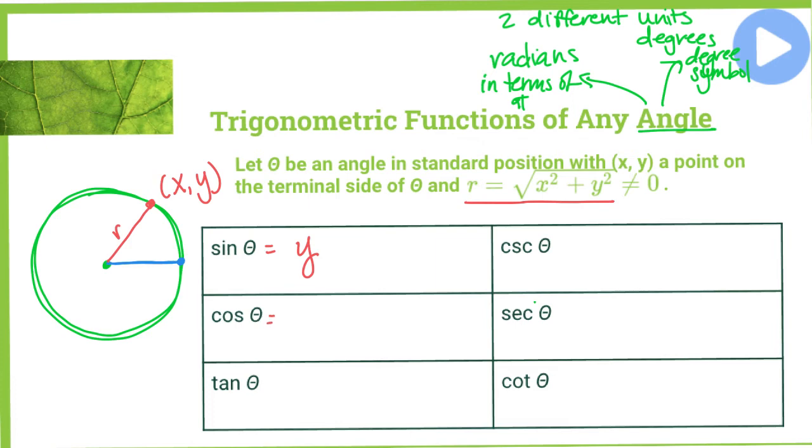Anytime you're looking for the cosine, you need to refer to the x of the ordered pair. And anytime you are looking for the tangent, you need to refer to y over x. So sine is always y, cosine is always x, and tangent is y over x. And one thing that I forgot to put here is that angle measure right here, which is theta.